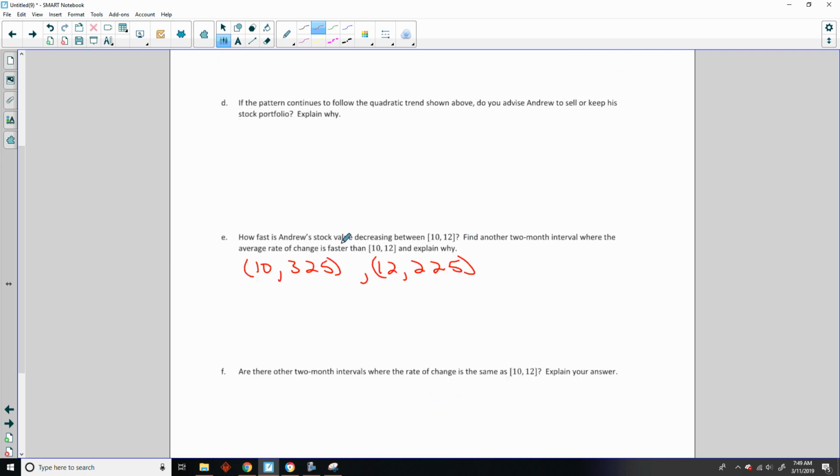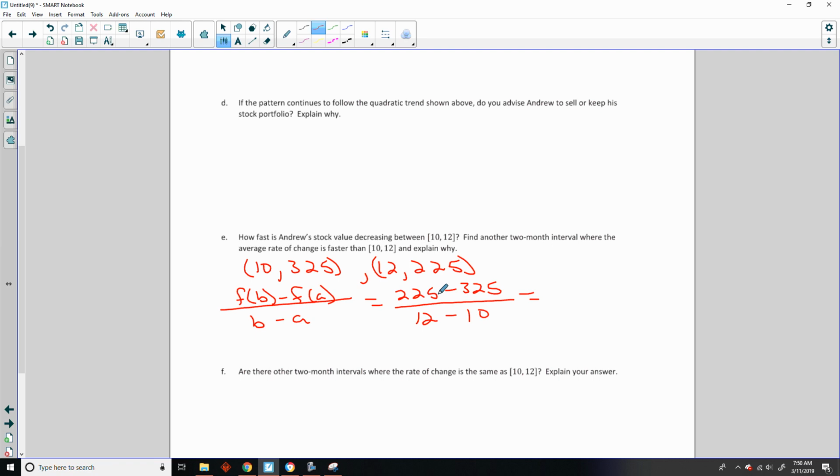So now it's saying, how fast is Andrew's stock value decreasing? So if I take my f of b minus f of a divided by b minus a, I get f of b, 225, minus f of a, 325, divided by b, 12, minus a, 10.